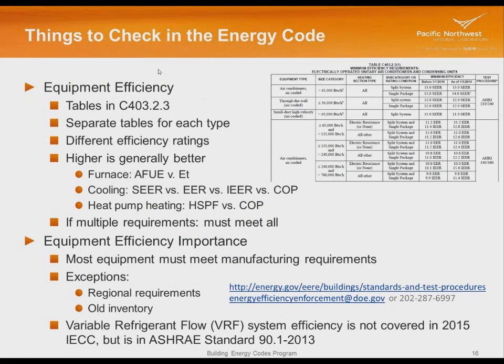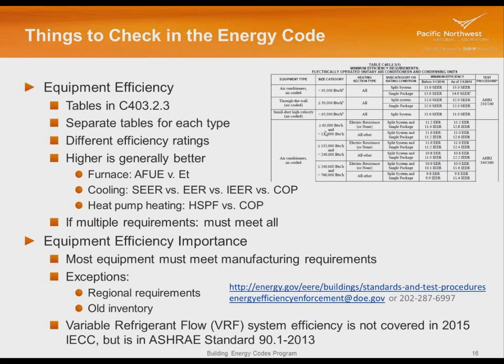So let's talk about things to check relative to these units in the energy code. Equipment efficiency is the main thing. There are tables in section C403.2.3, separate tables for each type of system. Heat pumps are separated from air conditioners, and there are other units. There are different efficiency ratings depending upon the type and the size of the unit.